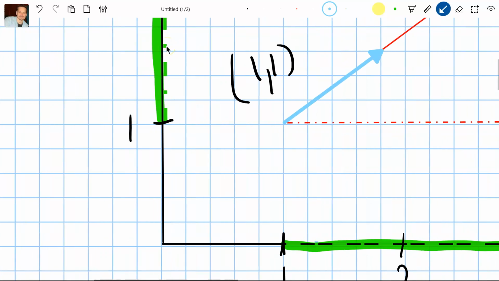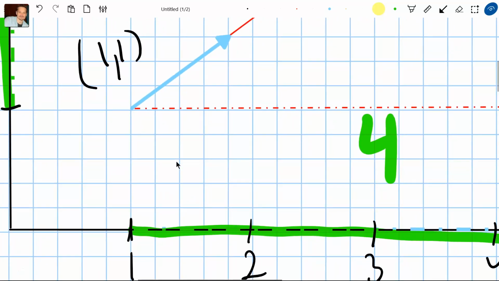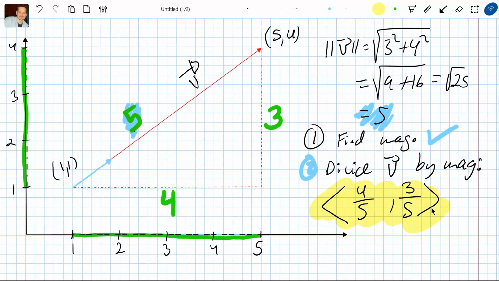Look over to this axis right here: the whole vertical spacing from 1 to 2 has 1/5, 2/5, 3/5 right here. So this is 3/5. Same thing over here, 1, 2, 3, 4, which brings you up to here. So this blue arrow represents our unit vector.